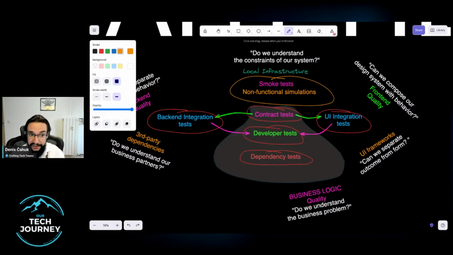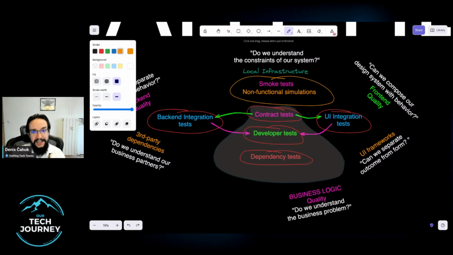They don't tell you that the system works, but they tell you very quickly that the system doesn't work. And in particular, they help you test parts of your infrastructure that tell you, am I capable of detecting that my system doesn't work? It won't tell me what doesn't work if it doesn't work. That's why it's called a smoke test, right?